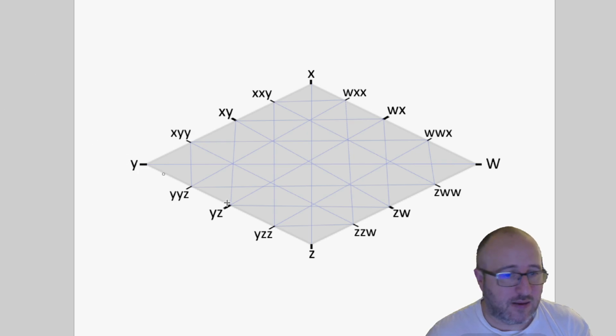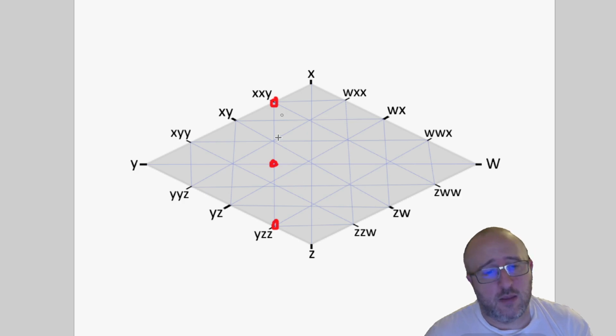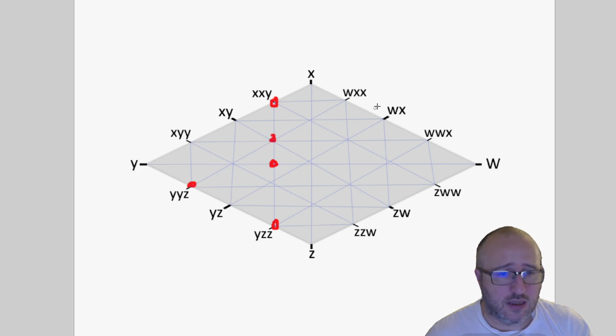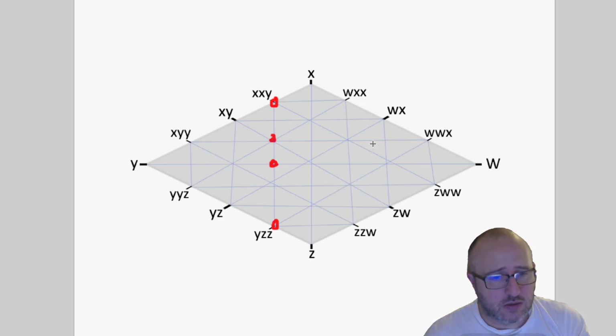Because let's say I wanted this coordinate, I could use this coordinate and this coordinate because they're halfway between those. Or if I wanted this coordinate, I could use these 2 coordinates as the halfway point. So I could pick whichever coordinates are useful and divide by 2.